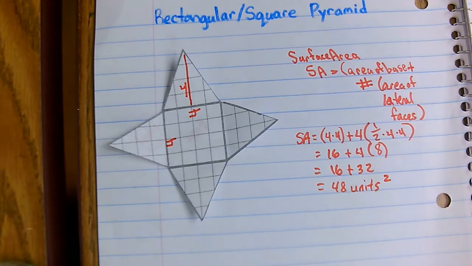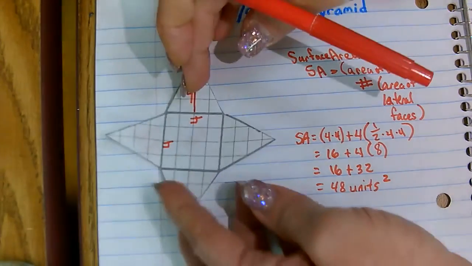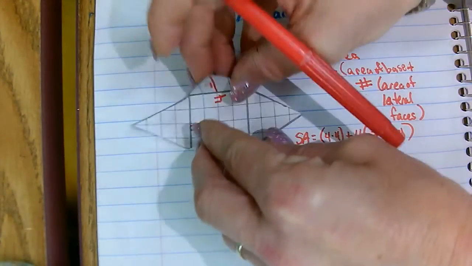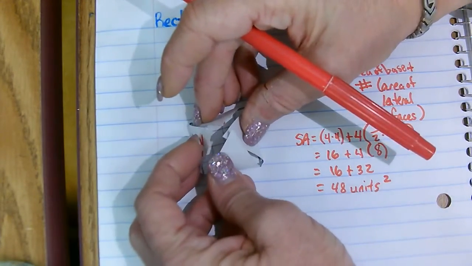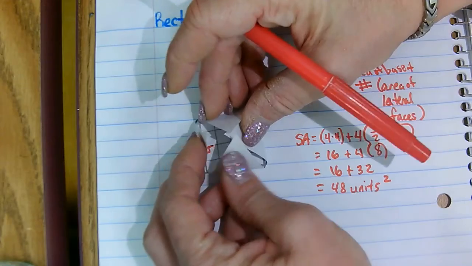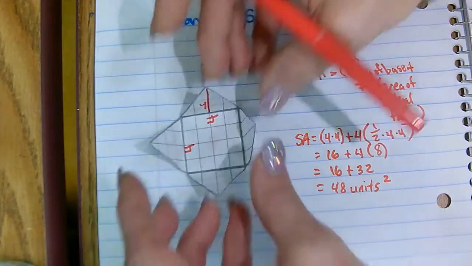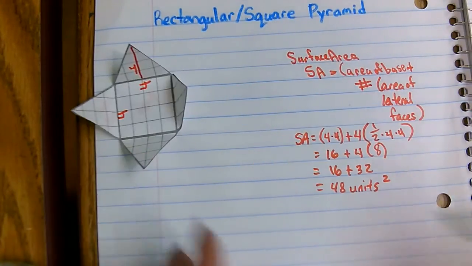Okay? Now the next one's a little trickier. What you don't see here that I'm going to go ahead and explain to you is we have to do for volume the height, not the lateral height, but how tall this pyramid actually stands. So I'm going to draw you a little sketch down here.